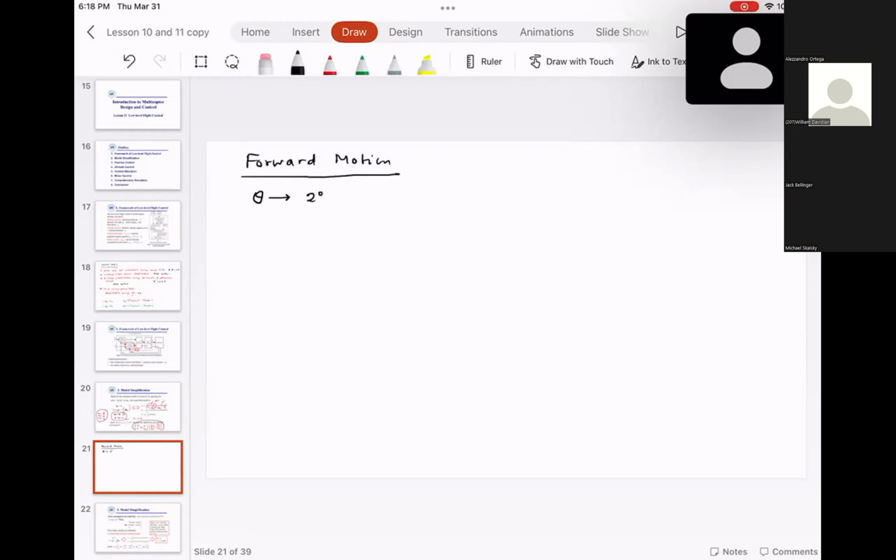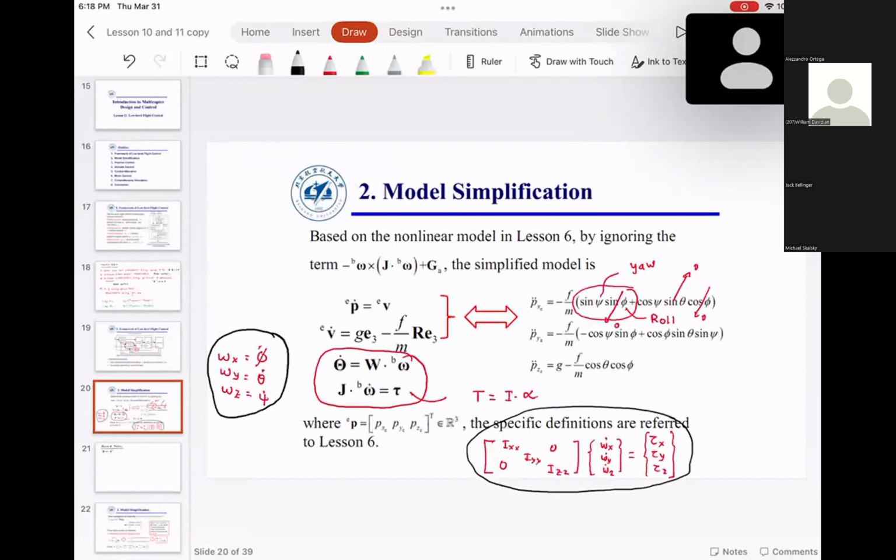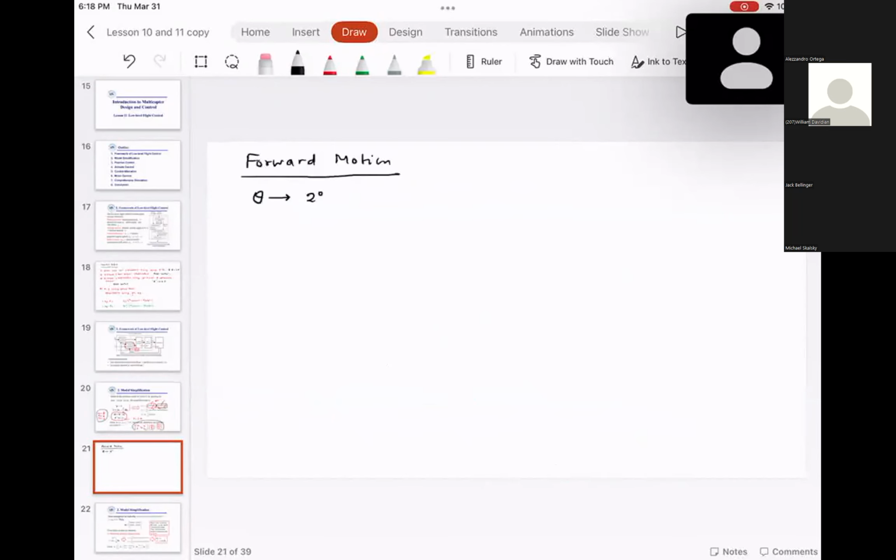And as soon as my set point is 2 degrees, please note that this entire equation is going to get changed. My roll is 0, but this entire equation will get changed by cosine phi sine theta.